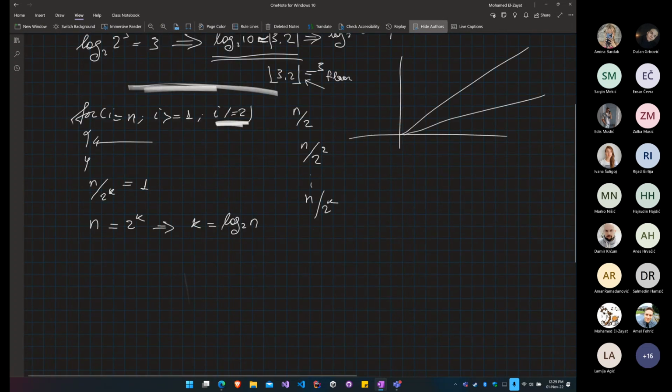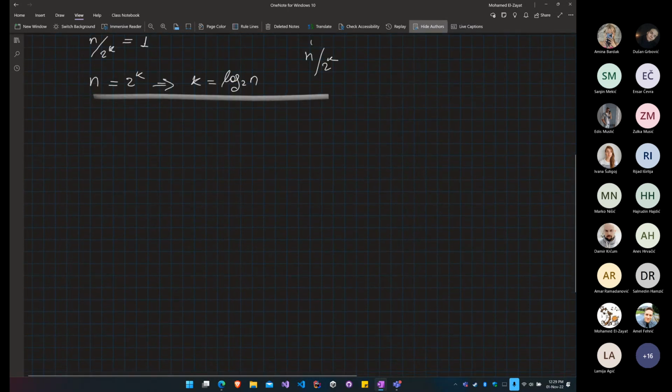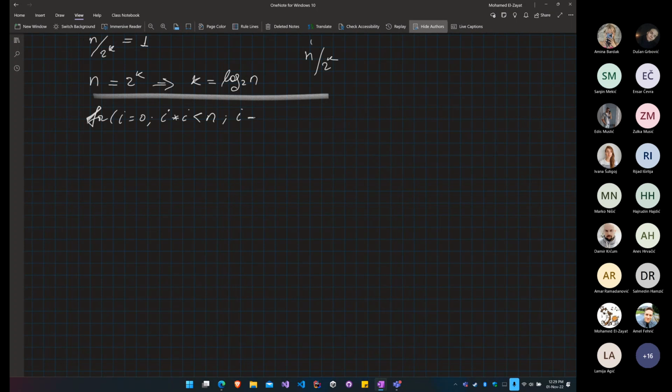But let's throw a curveball here. Let's look at another one. If I give you something like for i equals 0, i times i less than n, i plus plus, and then your code goes here, how are we going to calculate the complexity of this thing?